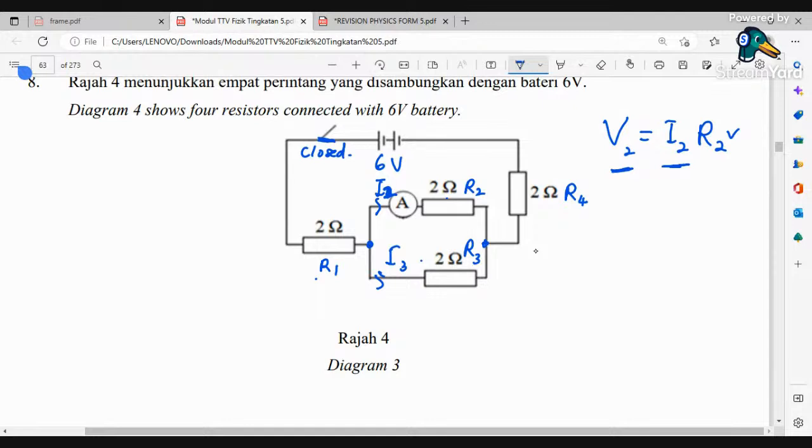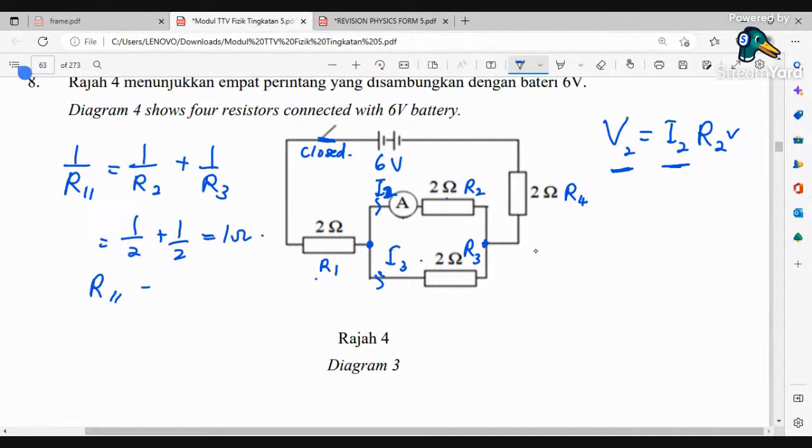For this parallel part, using the parallel formula, 1 over R parallel is 1 over R2 plus 1 over R3. 1 over 2 plus 1 over 2 will be 1, so R parallel is 1 ohm.